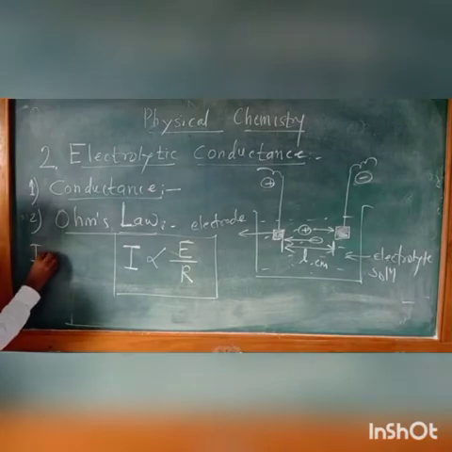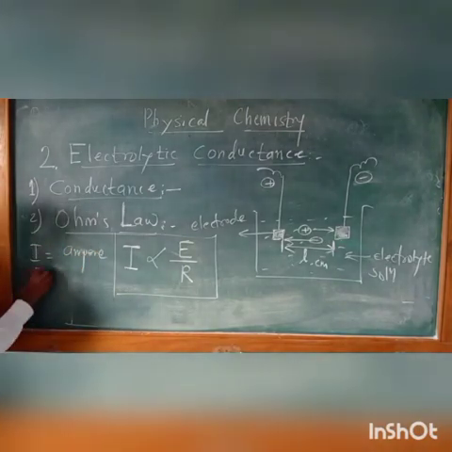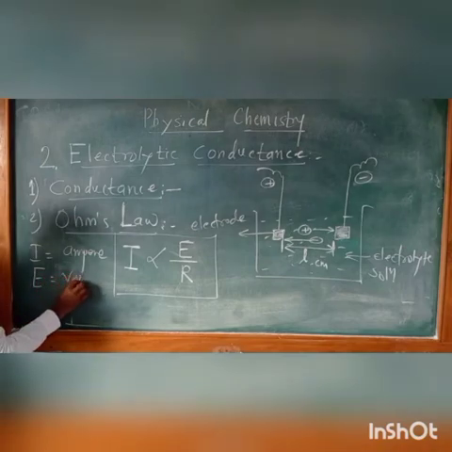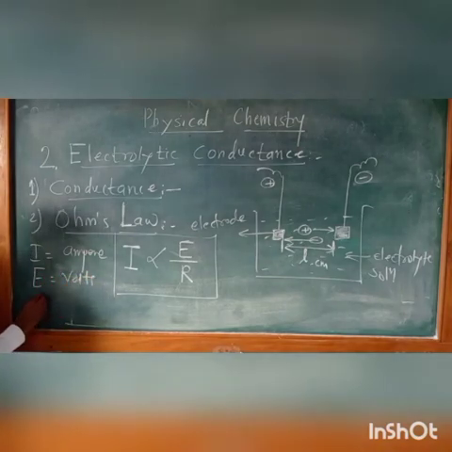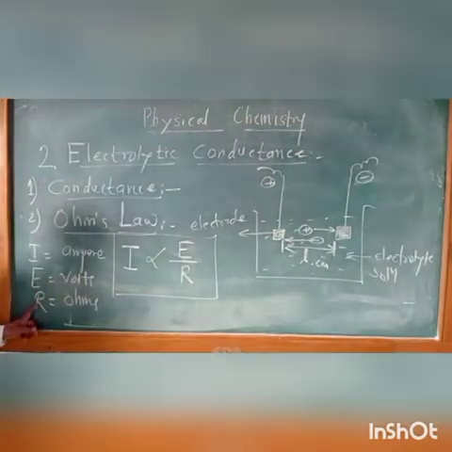I is the current, measured in ampere. E is the potential, measured in volts, and R is the resistance, measured in ohms.